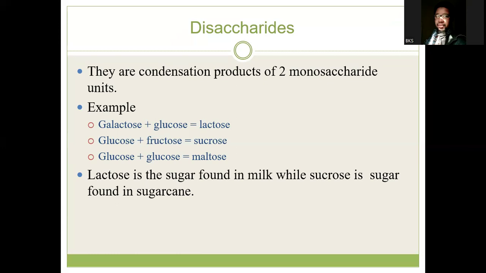We have glucose plus another glucose forming what we call maltose. So we are going to see how the disaccharide is formed, the structure of the molecules, I think in the next study session or later. And we will say 1 or 2 things about them.